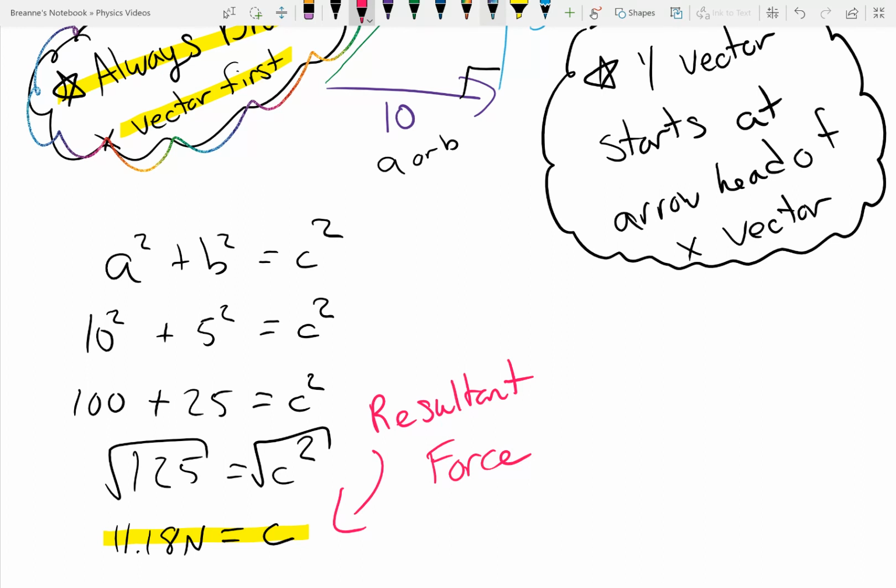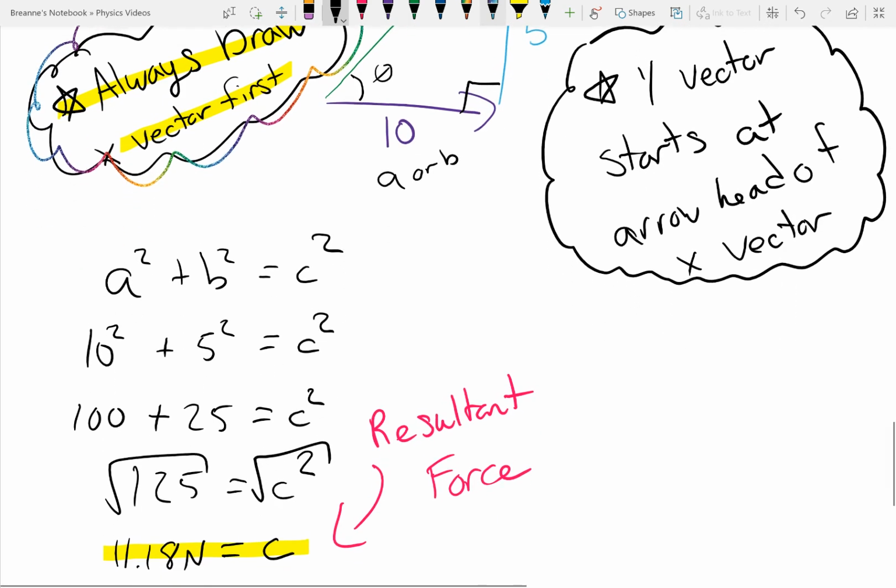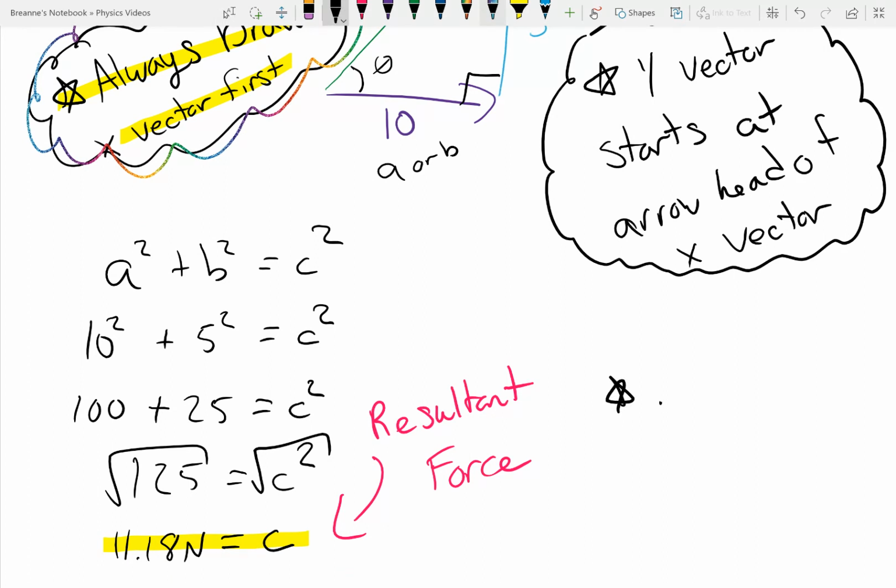But then if you ask what direction it's going, it's asking for direction. Now your angle is always the angle that's away from the arrowhead of your hypotenuse. Let's call it corner instead of angle.